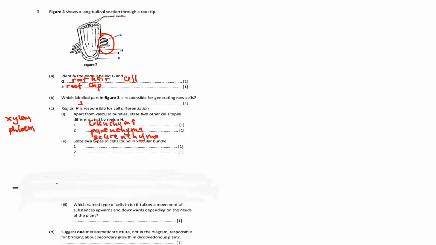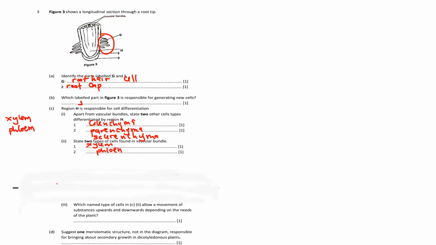C2, state two types of cells found in the vascular bundle. So I've already named them, xylem, then phloem. Coming to C3, which type of cells in C2 allows the movement of substances up and down depending on the needs of the plant?